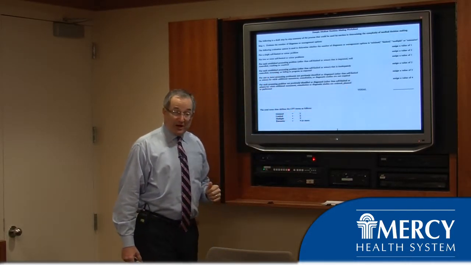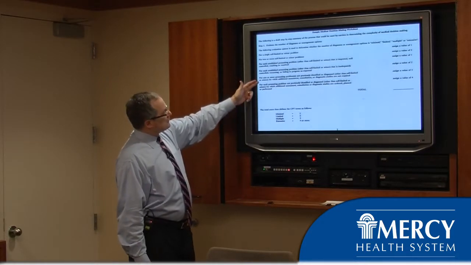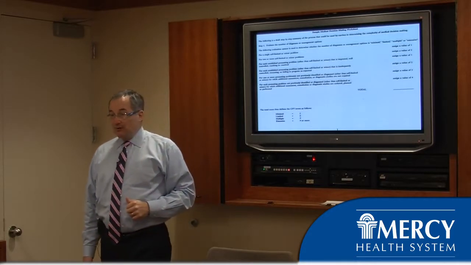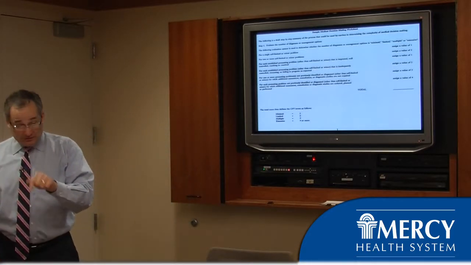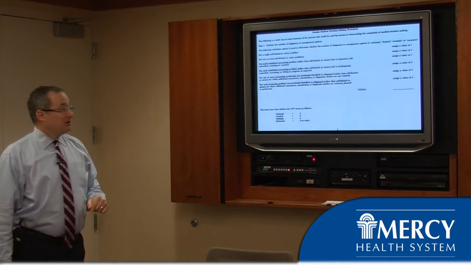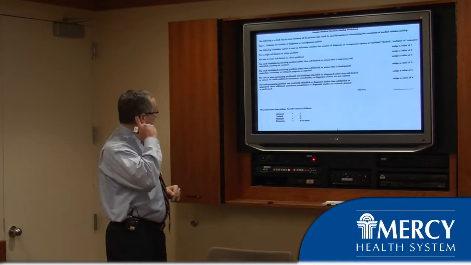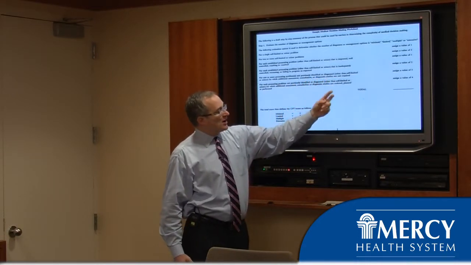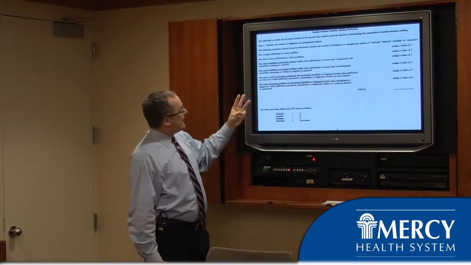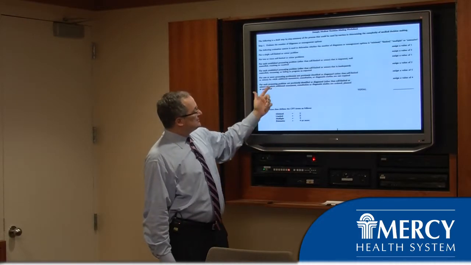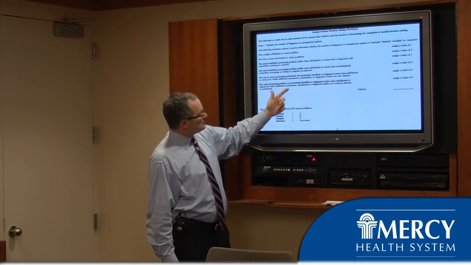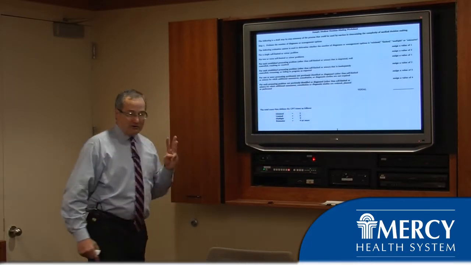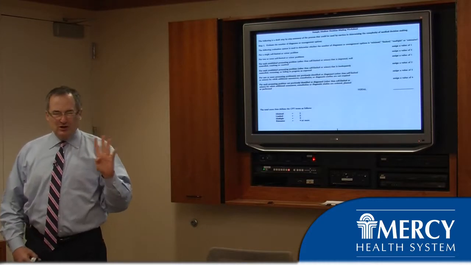For 1 or more presenting problems not previously identified or diagnosed by you as the provider, a new problem not previously diagnosed for which additional assessment, consultation, or diagnostic studies are not required, 3 points. And finally, for a new problem that does require additional assessment, consultation, or diagnostic studies being ordered, planned, or performed, 4 points.